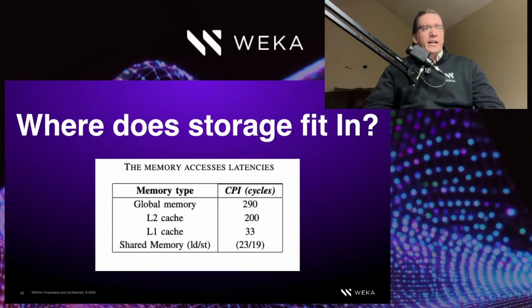The L1 cache has a cycle count of 33. The shared memory for loads and stores is 23 and 19 respectively. These numbers are basically small measurements of the GPU's number of cycles, just individual turns of the clock on the GPU, of how long it really takes for those memory accesses to occur.